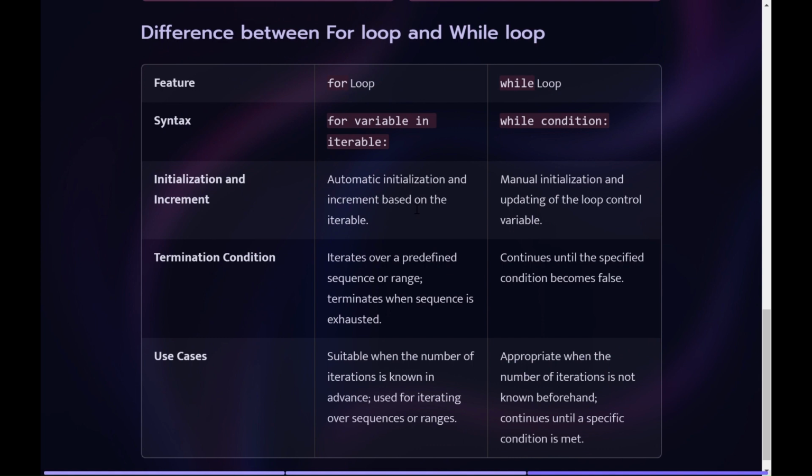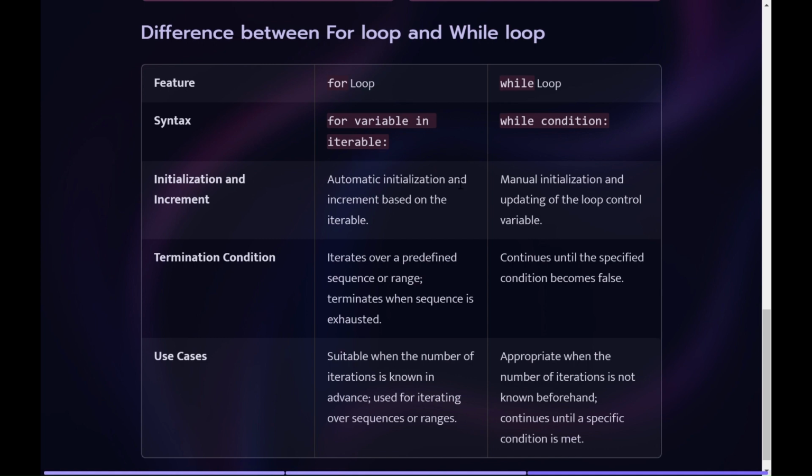So looking over here, for loop is mostly used to iterate over a sequence, or say a predefined sequence. Say we have a list or a tuple or a dictionary. It is predefined already, and this variable takes each element or value in that sequence, and it runs until that sequence is exhausted.